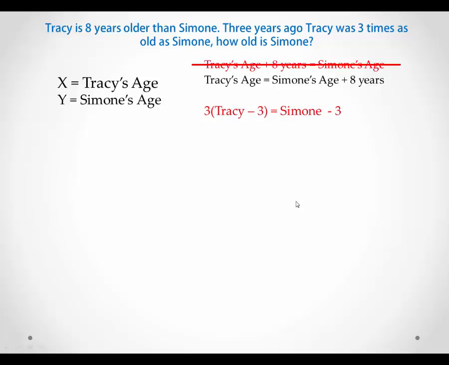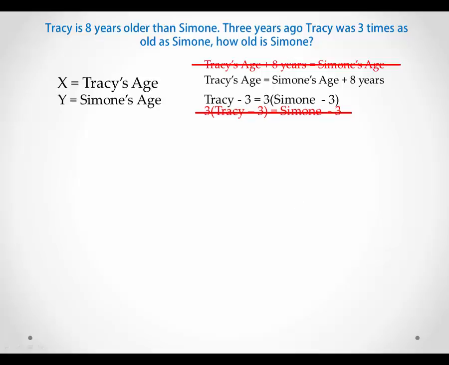Now this format is also incorrect, because if you analyze the problem and plug in some values, you would realize that Simone would be the older of the two. The correct equation would be something like this: Tracy minus 3 years is equal to 3 times Simone's age minus 3 years.